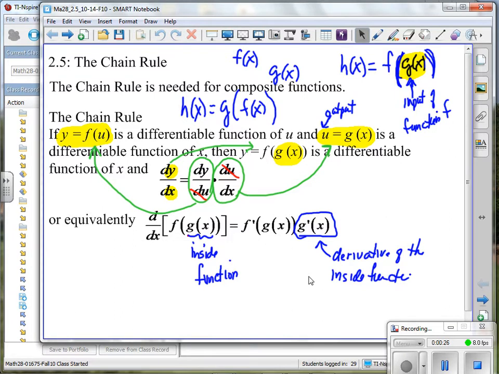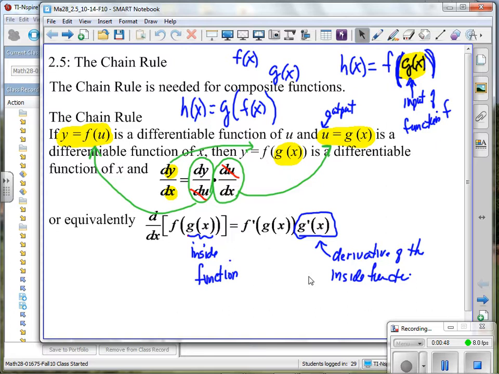Some of you, when I looked at the test, I have some people I need to talk to in a little more detail about this past test. Some of the things that came out was, as much as I've tried, you still haven't quite got the hang of a function having an input and an output.